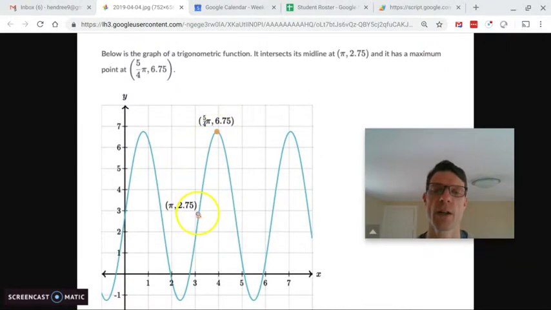So if I multiply this horizontal distance right here by 4, I'm going to get the whole period. So 1/4 pi multiplied times 4 gives me pi. So I know the overall period of the function is going to be pi units long, pi radians long. So I hope that helps a little bit on this question.